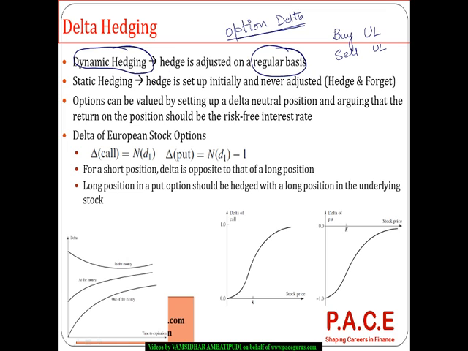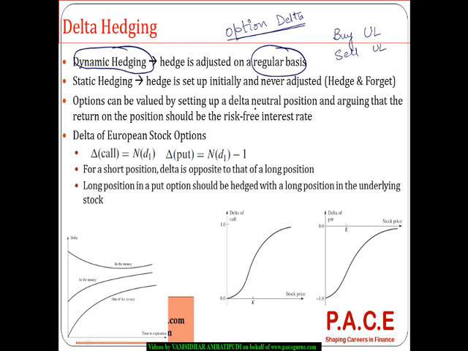But if I am doing it once and just sitting back, like hedge and forget, initially set up, and after that I am not changing the composition of the portfolio at all, in that case we call it static hedging. And what is essential for us to understand is that it's the dynamic hedging that really helps in bringing a better change in the value of the portfolio.